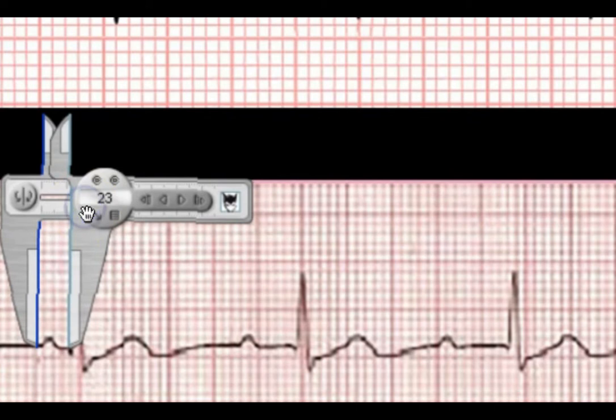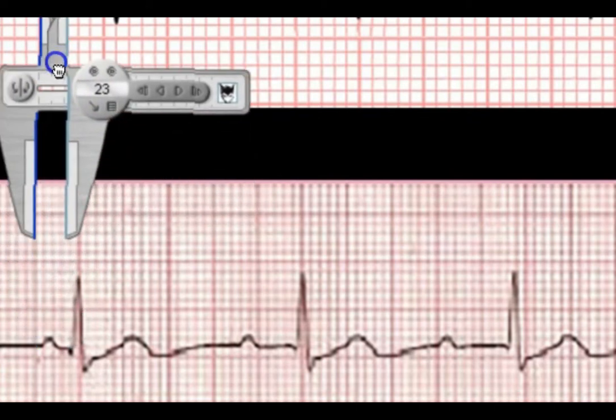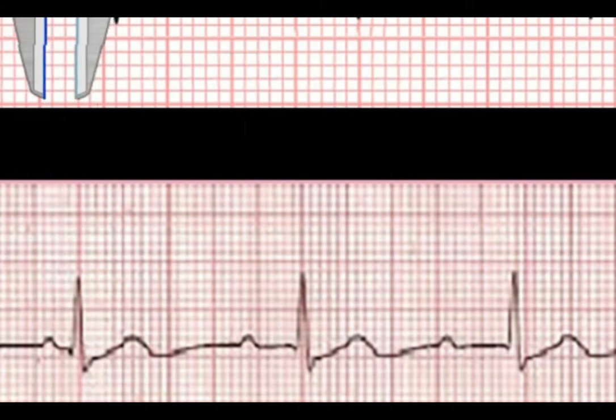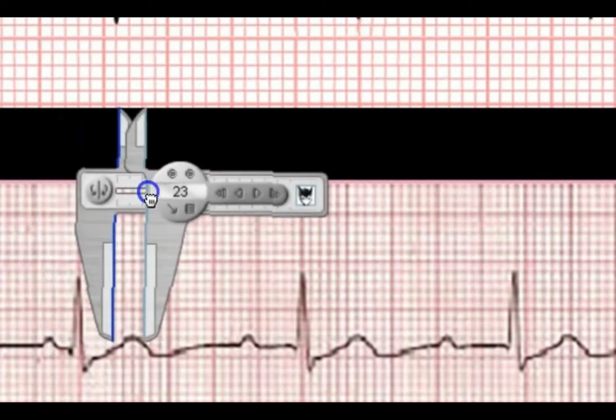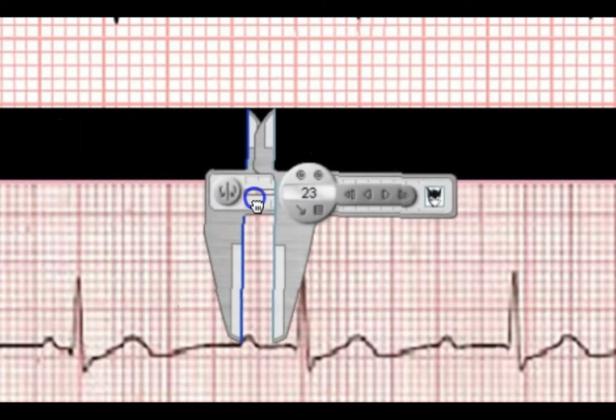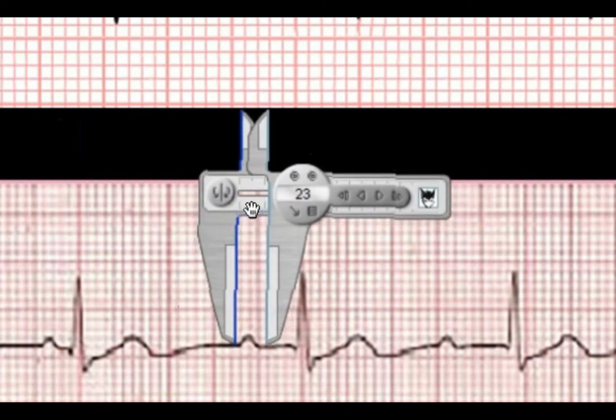Okay, so here is our PR interval. And since I can't really see it well there, I can move it up here. And that's 3 blocks, so that's about 0.12. 3 times 4 is 12 at the decimal point. Okay, so that one was 0.12. And just for this sake, we're going to say that this one here is 0.12.